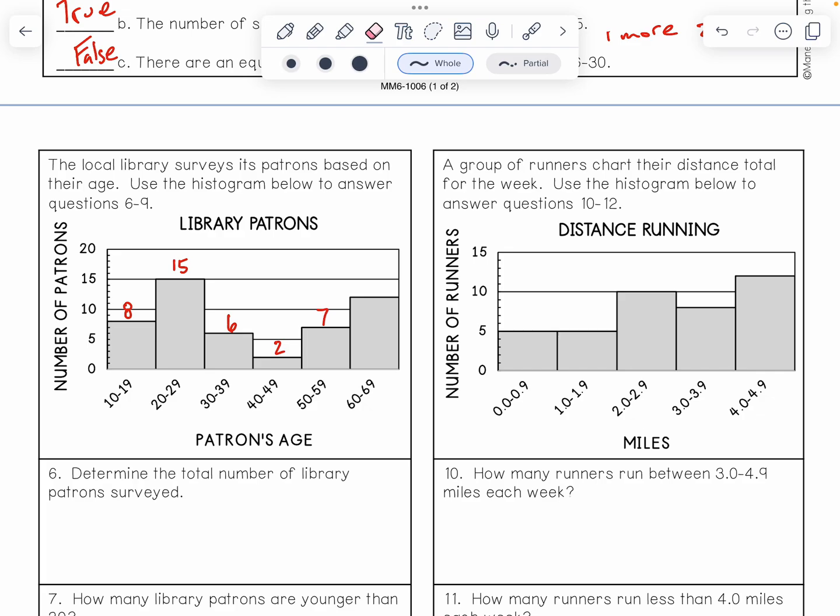And then the 60 through 69, it looks like it's 12. So if I add that all up, 8, plus 12, that's 20, 35, 41, 48, and 50. There's 50 total people.